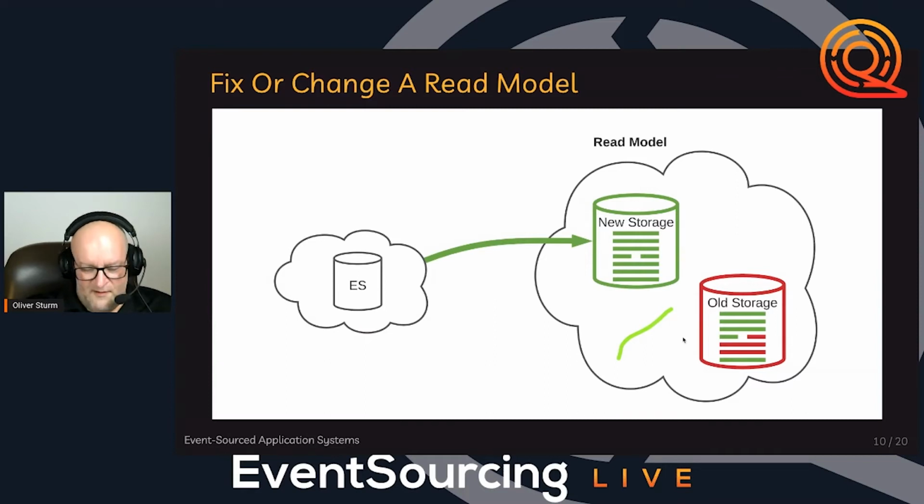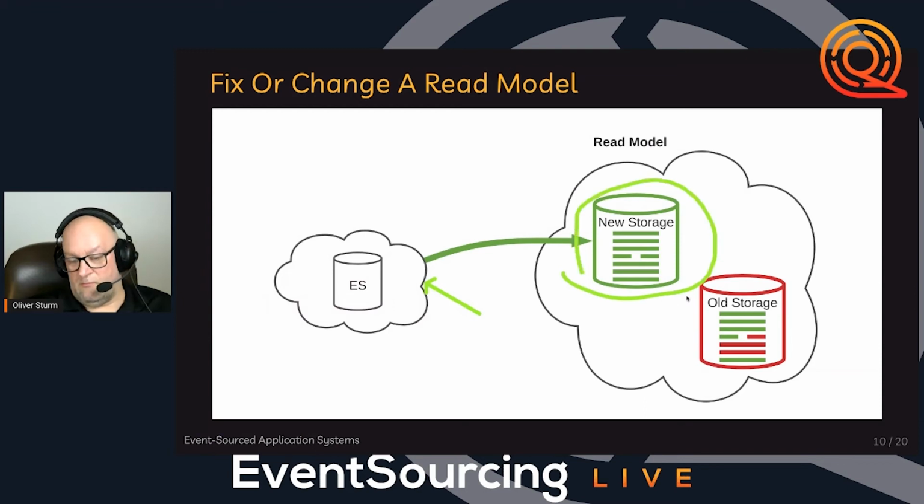We have this hypothetical old storage of the event model, the read model, that contains some bits that require replacing. And then we basically replay the events from the event store, right, like before, and we create a new storage. Right? And of course, eventually we could also drop or completely throw away the old storage.